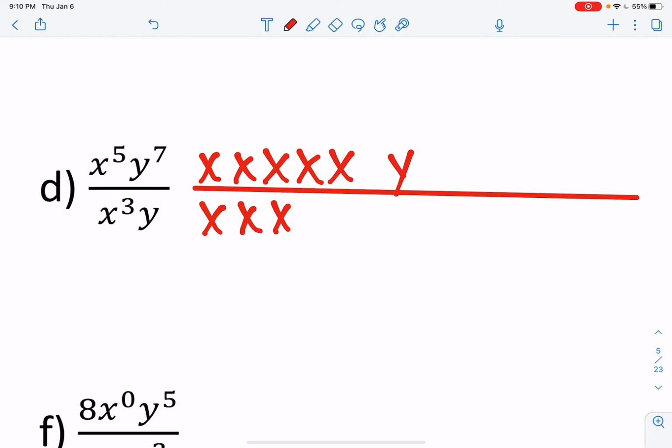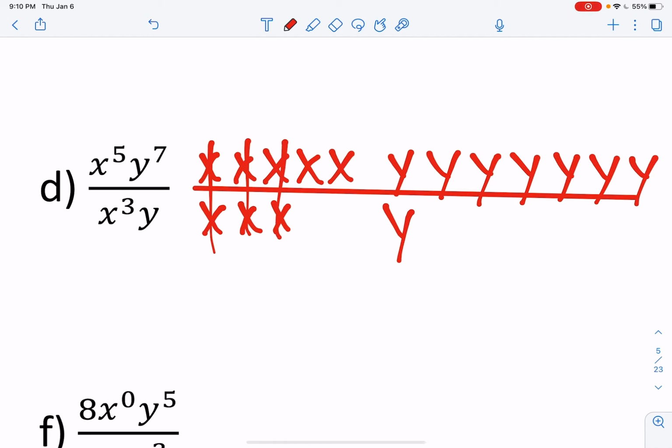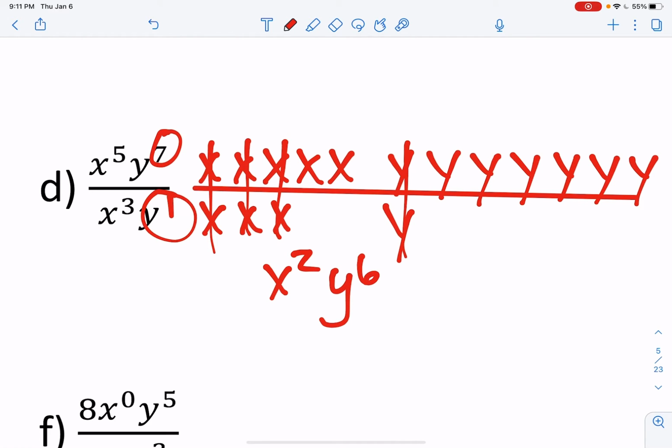And y's I have 1, 2, 3, 4, 5, 6, 7, just 1. So when these cancel, I'm left with 2 x's and 6 y's, because 5 minus 3 is 2, and 7 minus 1 is 6.